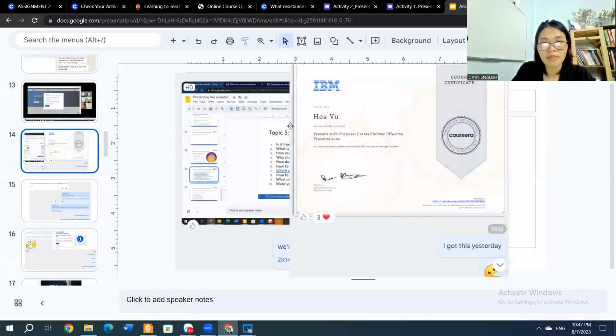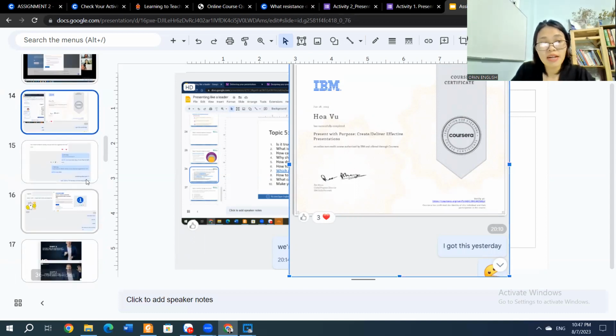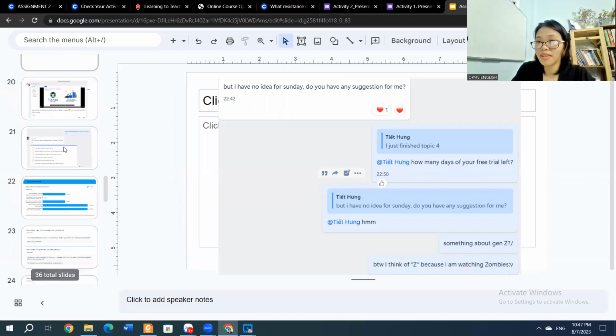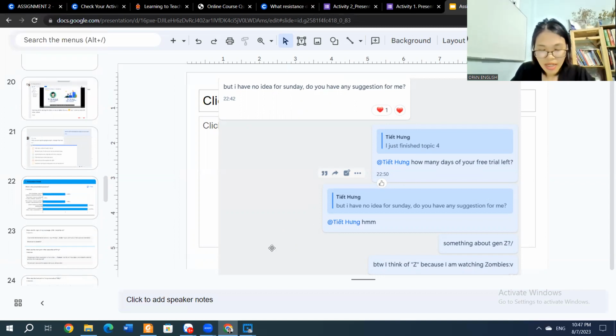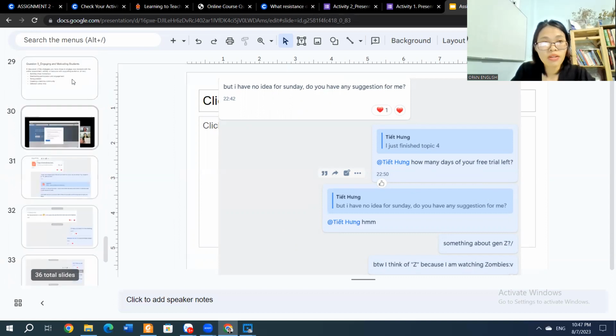For example, I share the certificate that I got with them, so my students can get the same thing or even better than me. I just try to be an example for them.